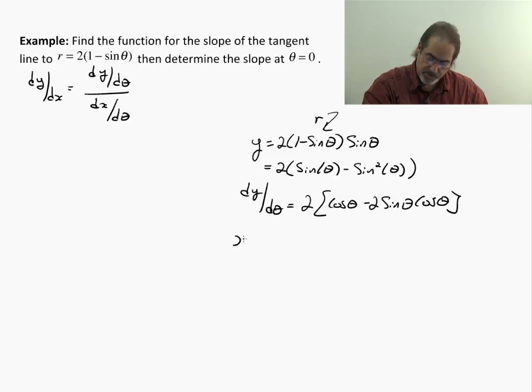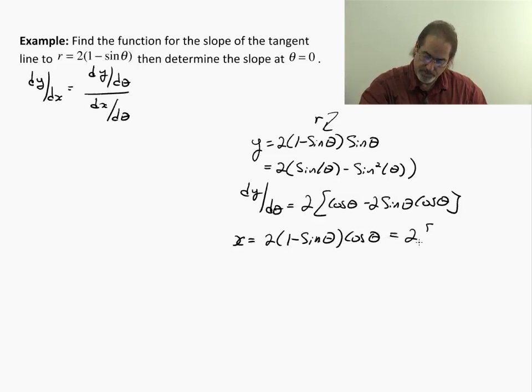Now x is going to be equal to r, which is 2 times 1 minus sine theta times cosine theta, which is equal to 2 times cosine theta minus sine theta cosine theta. Sorry, I kind of got off the edge there, but you can see what that is.